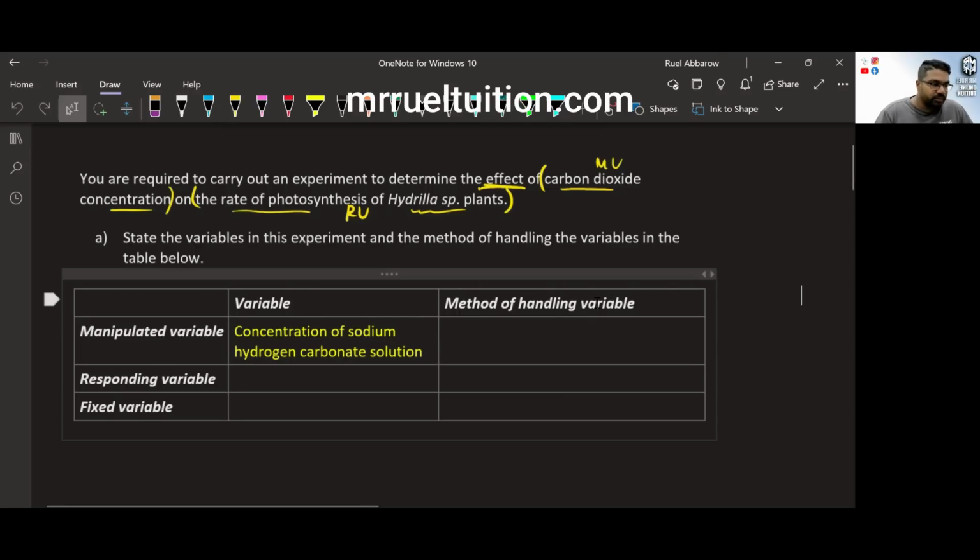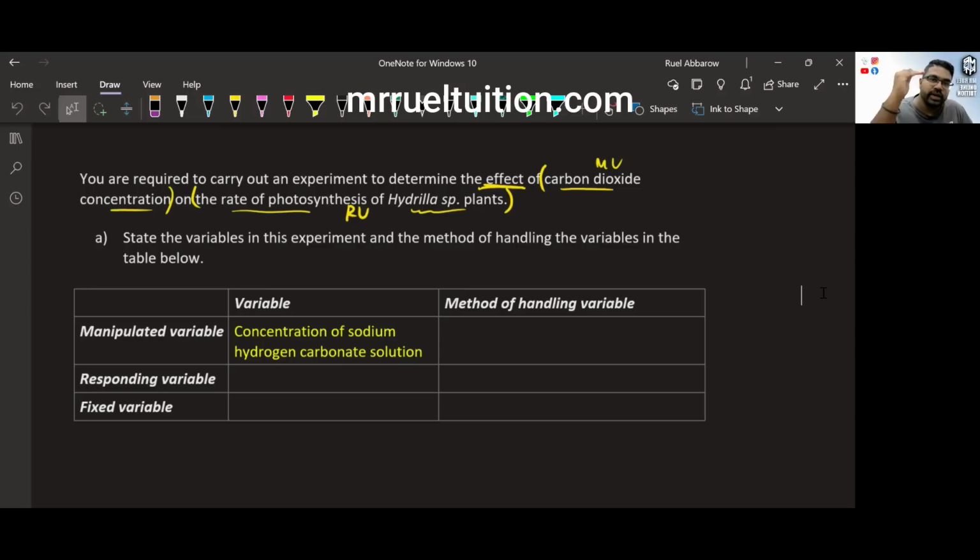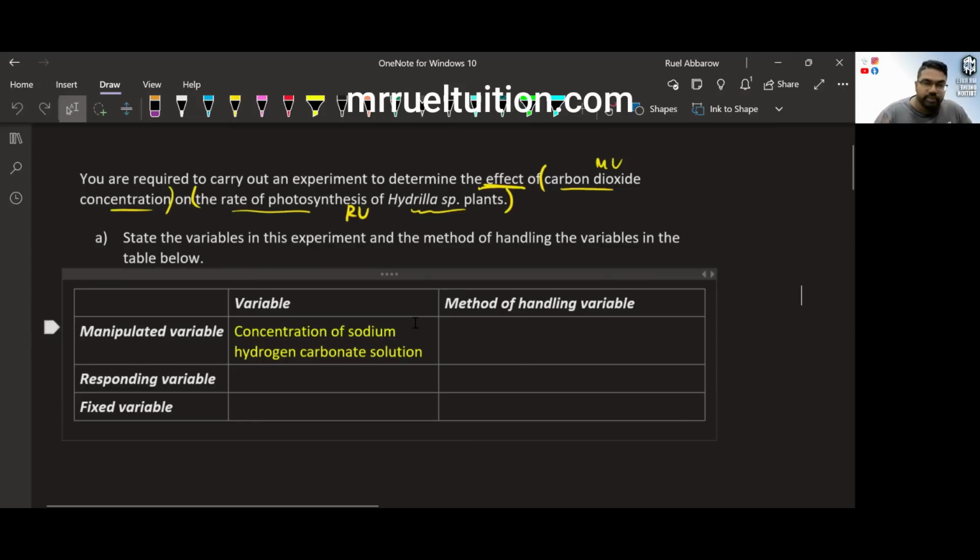Okay, so let's go on to the method of handling this variable. So method of handling the variable is very simple. It doesn't require you to write a full procedure. It's usually just 1 or 2 lines. Okay, so specifically how do you manipulate the concentration of the sodium hydrogen carbonate solution?